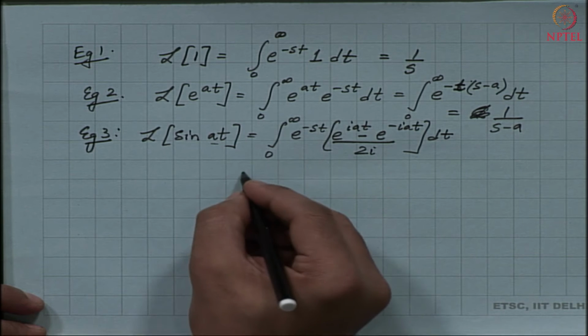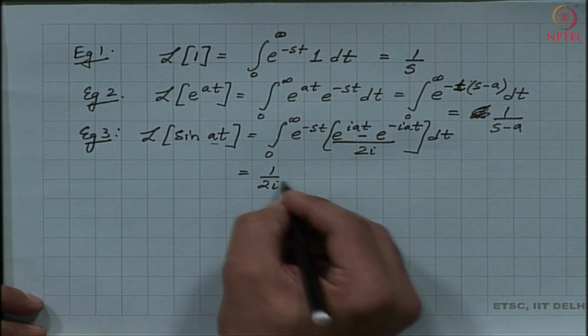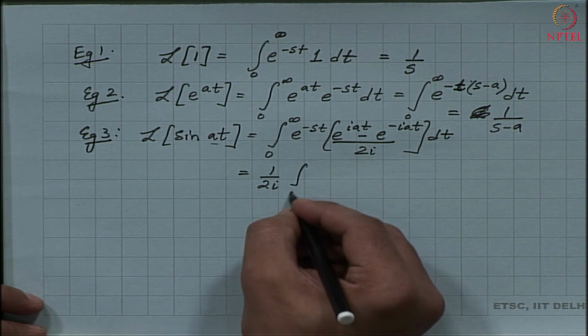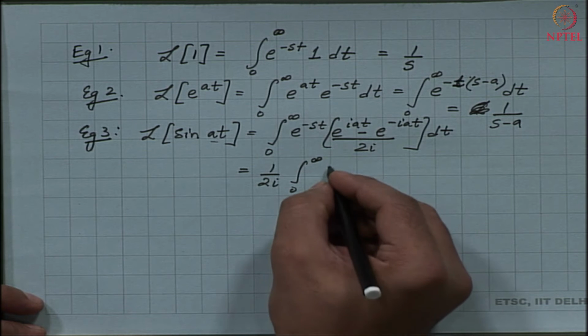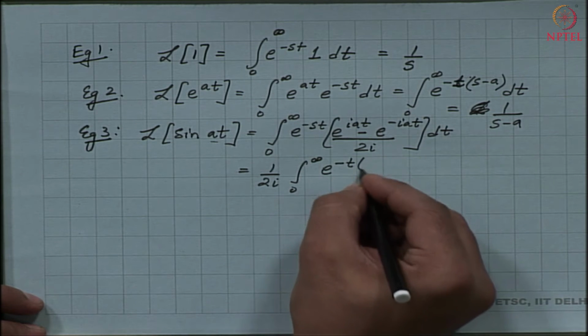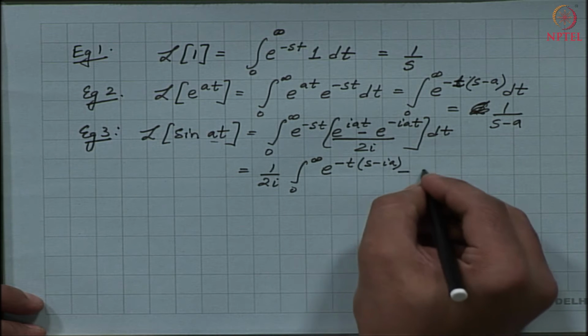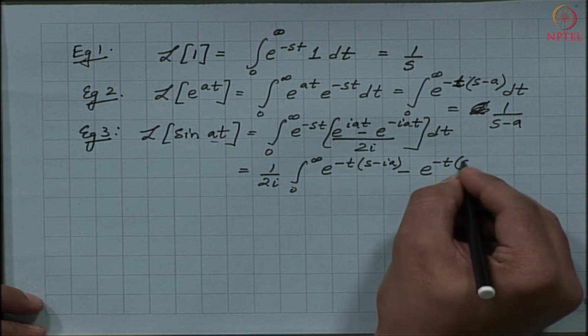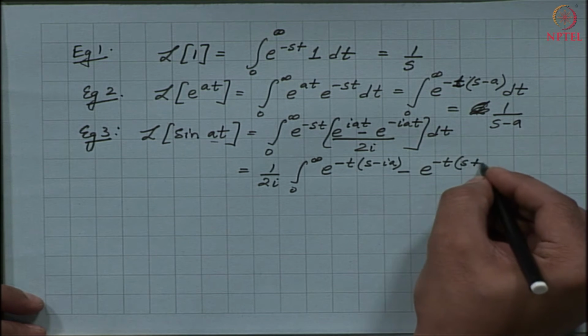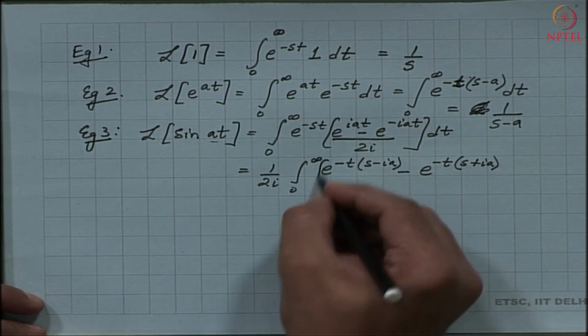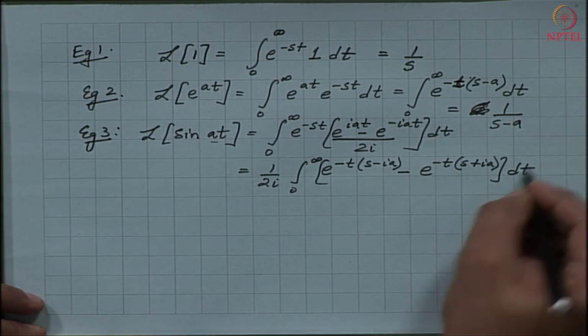So, then I get that this is equal to 1 by 2i times the integral of the following expression: e to the power minus t times s minus i a, minus e to the power minus t times s plus i a, dt.